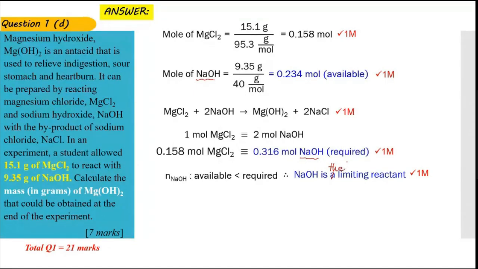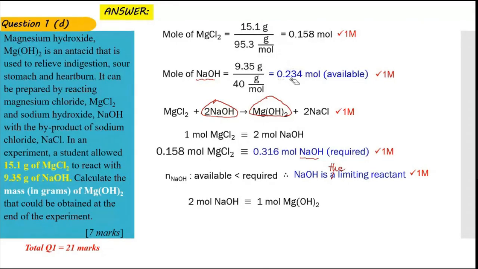Since you know already the limiting reactant is NaOH, and now you want to find the mass of magnesium hydroxide, which is the product, you're going to relate this with this. Remember every time you want to find how much product is formed, you have to relate it with the limiting reactant. So again, read the equation. 2 moles of NaOH is equivalent to 1 mole of magnesium hydroxide. The NaOH available or given, you must use this value.